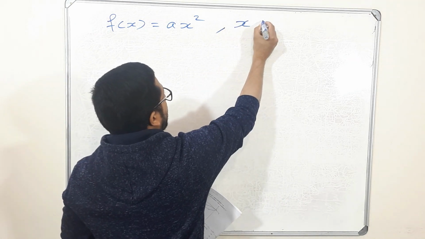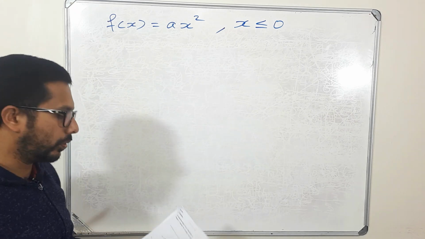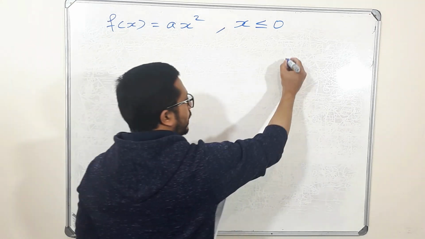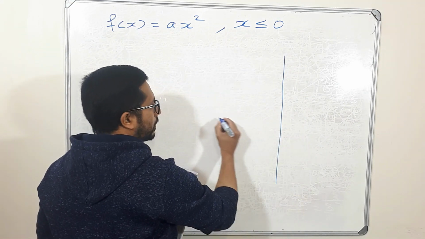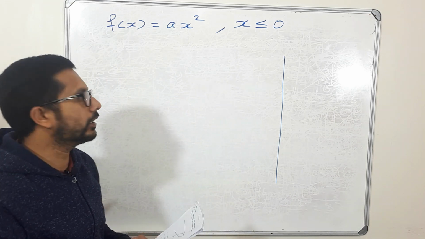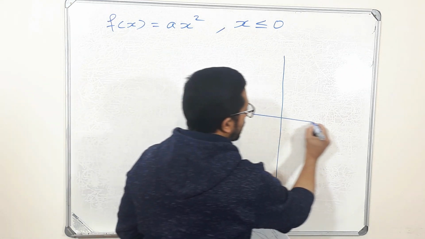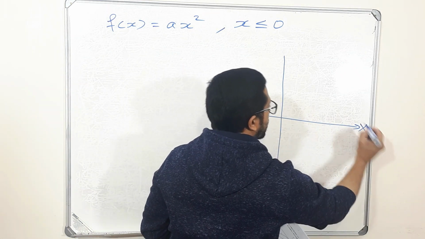So here the value of x must be less than or equal to 0, and there you can see that there is a graph given like this, and this is the y-axis and this one is the x-axis.